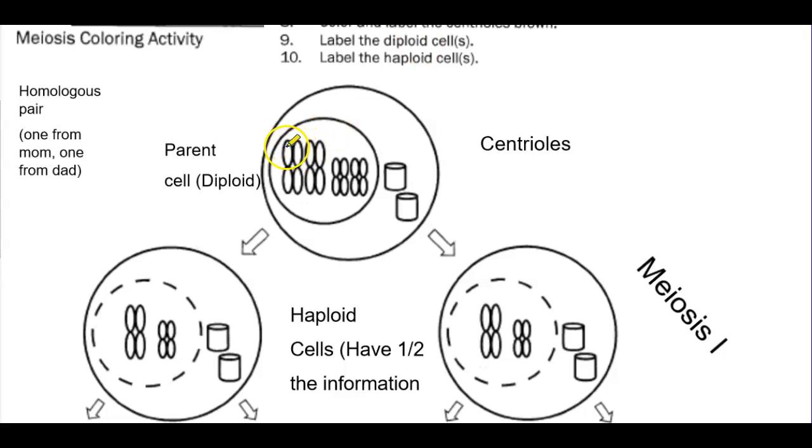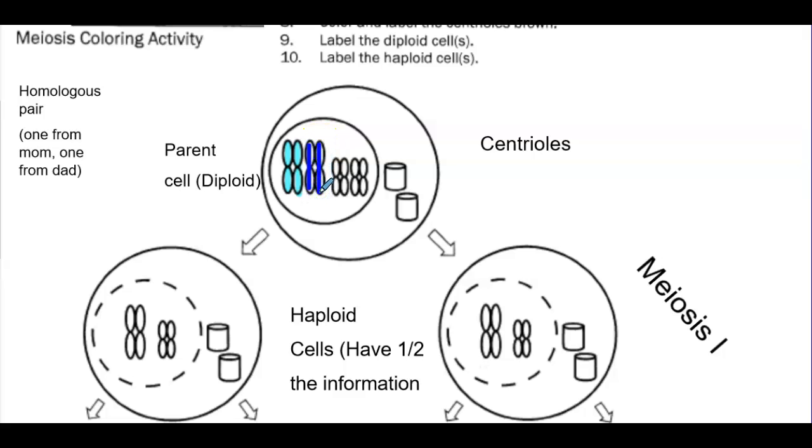So I am going to color one pair of these. Whoops, that's too fat. Hold on. That's better. So I'm going to color one of these chromosomes one shade of blue, and it has a copy. So the copy is right next to it. And I need a different kind of blue for the other long chromosome.